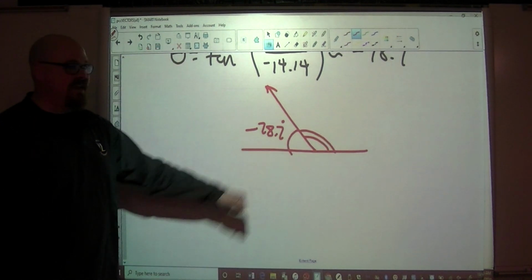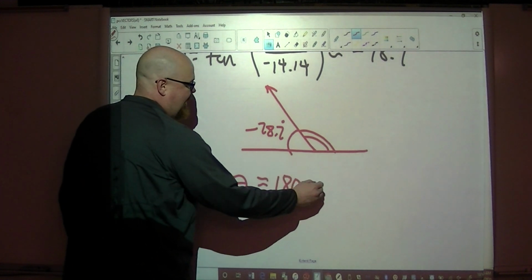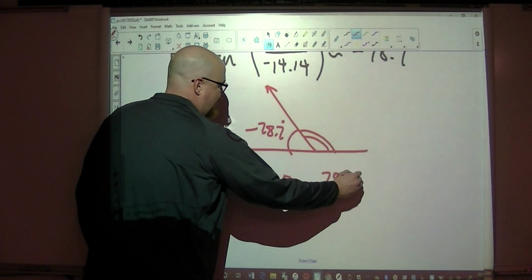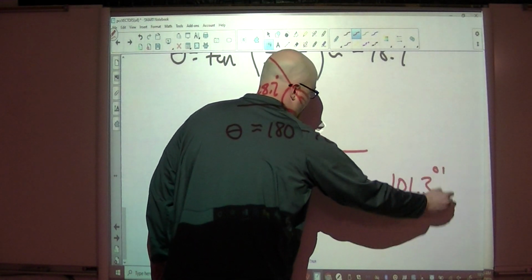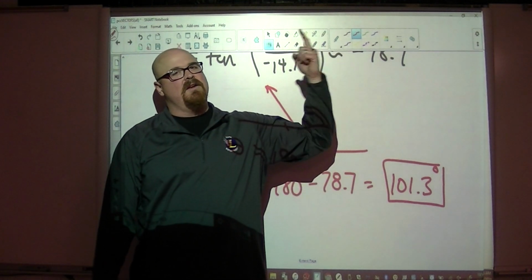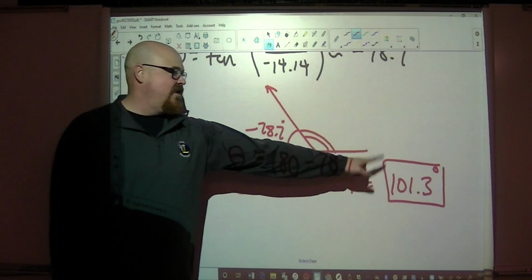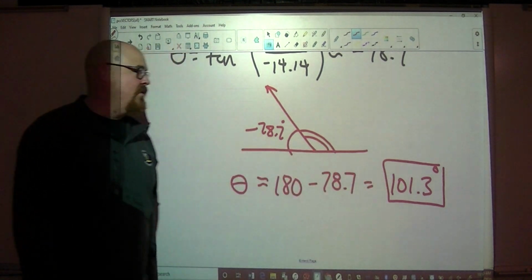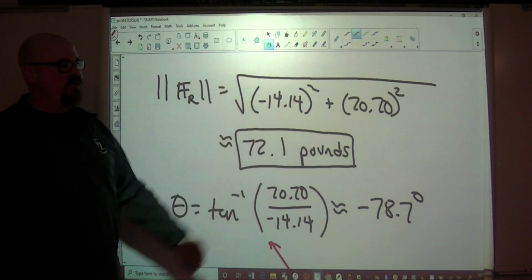So if that's 78.7, theta is really 180 minus 78.7, which is 101.3 degrees. That makes a lot more sense because we've passed that 90 degree threshold where it's straight vertical, right? And it's over here to the left. So this is the direction of the force of that object, and this is the amount of pounds it's moving, that force is moving in that direction.